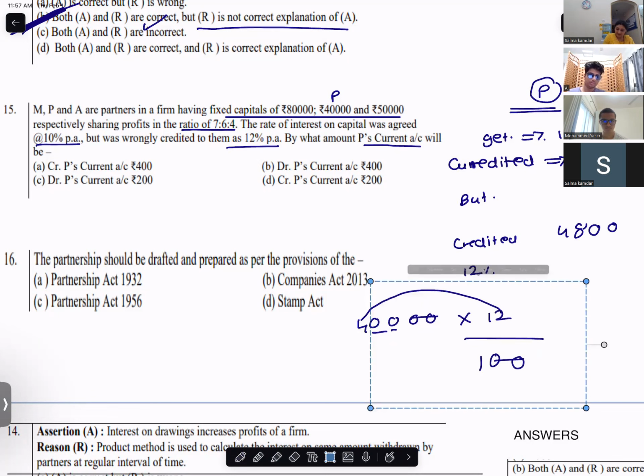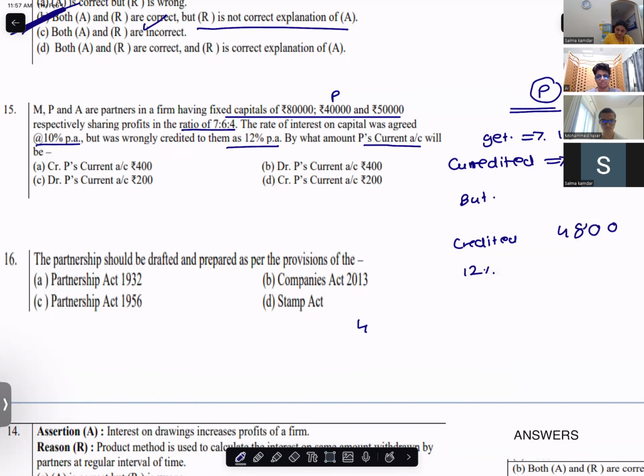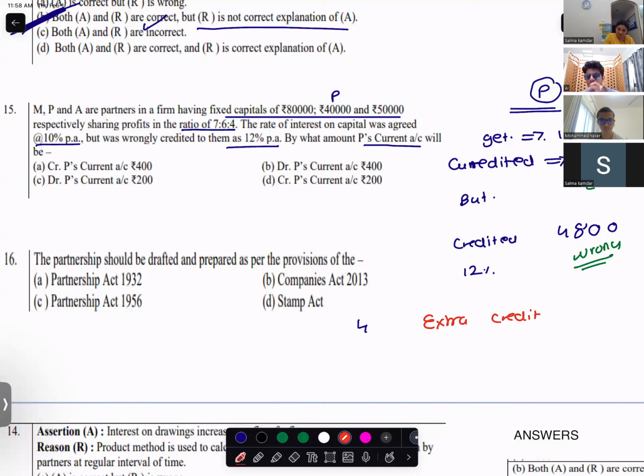Now tell me, which one is correct? This one is correct. This one is wrong. Extra credit is how much? 800.